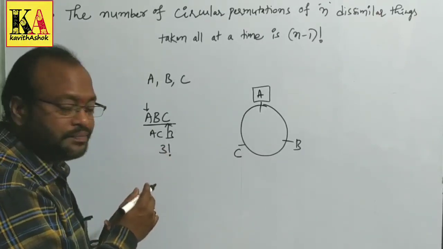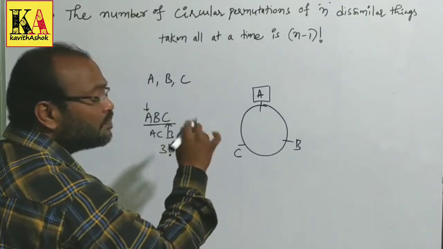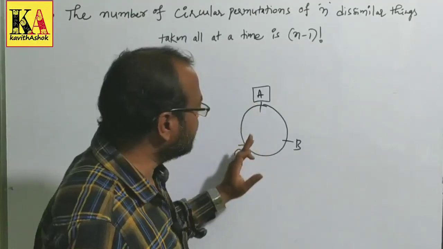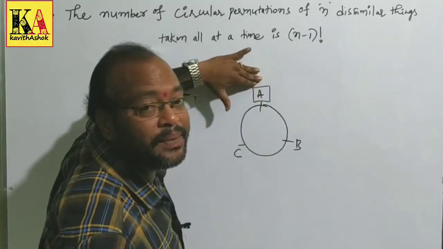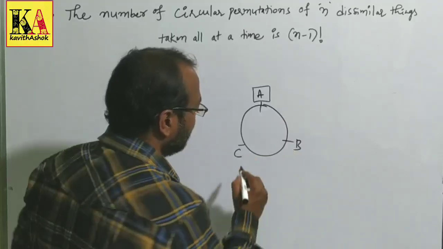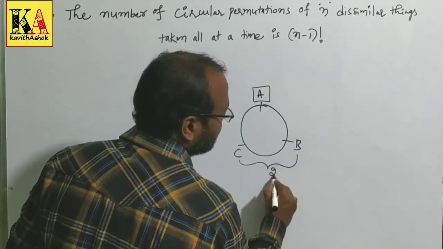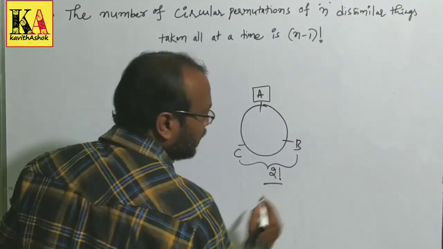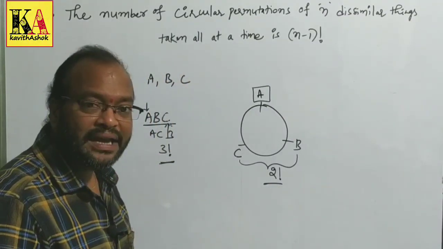We already know that one. But in a circular permutation, if one position is fixed, it will not participate in the permutation. So only these two can change, in 2 factorial ways. Here we get 3 factorial, there only 2 factorial. That is the main difference.